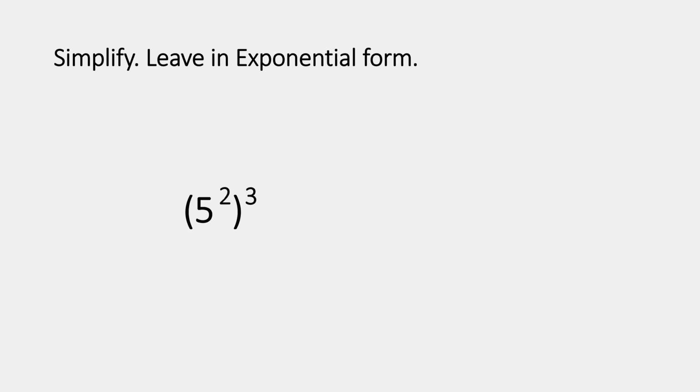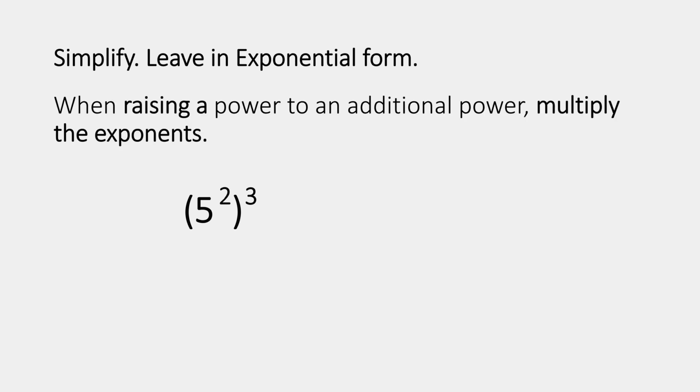Here we have 5 squared in parentheses to the third power. And remember the rule, when raising a power to an additional power, we multiply the exponents. 2 times 3 equals 6. 5 to the sixth power. The base x will stay the same, and we multiply the two exponents. 7 times 2 equals 14.